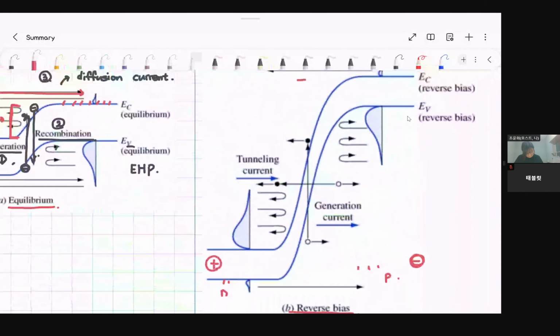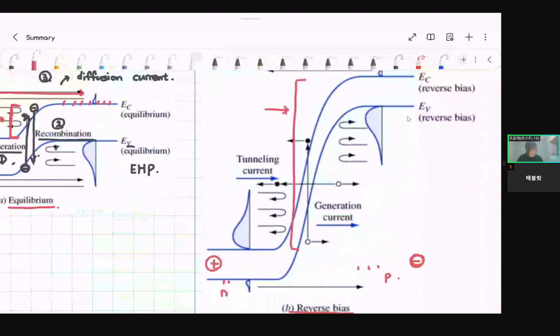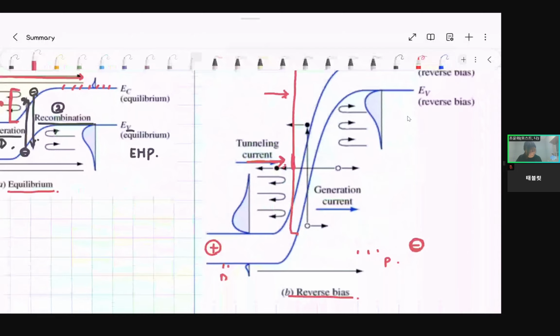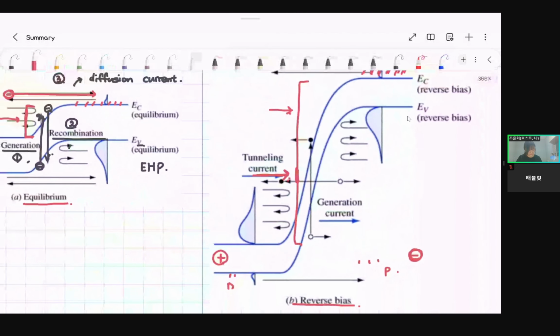So the barrier gets bigger and bigger, so the current doesn't flow. The electron faces a barrier, so it can't go to the other P-type region. As a result, it doesn't make a current flow.